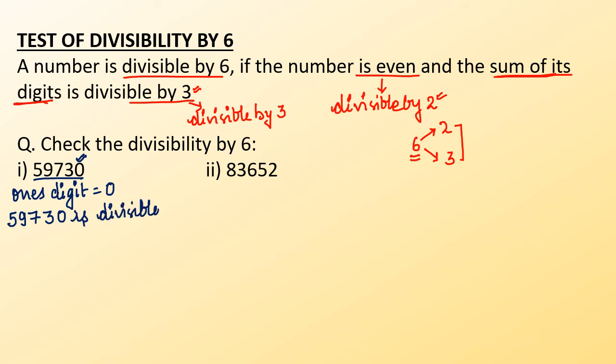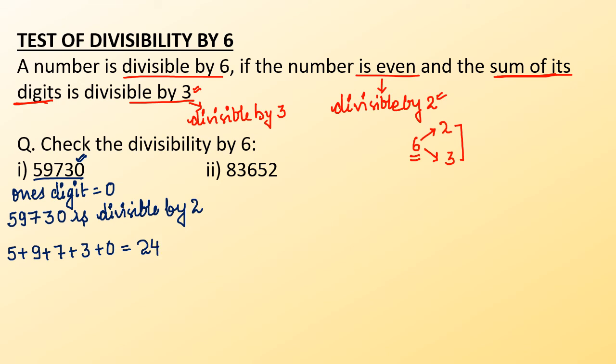Now we have to find the sum of all the digits. 5 plus 9 plus 7 plus 3 plus 0. 5 plus 9 is 14, 14 plus 7 is 21, 21 plus 3 is 24, 24 plus 0 is 24.